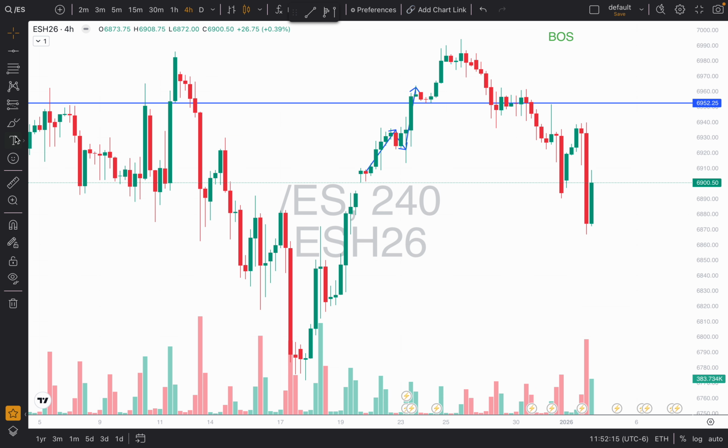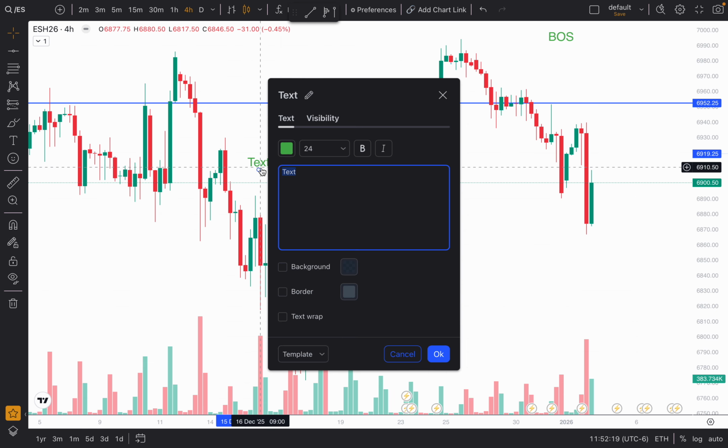Let me type that out. In a downtrend, it's a break of structure when price closes above a previous swing high.